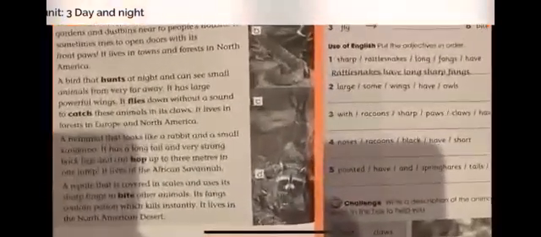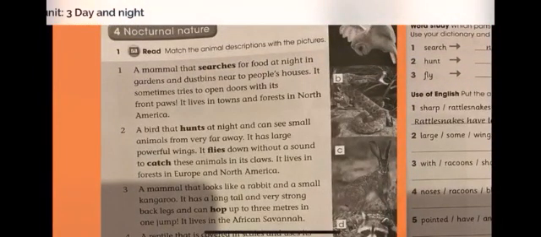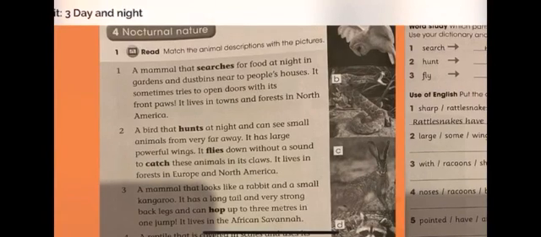Fine. So now I'm going to read these descriptions to you. You have to see which description is for which animal. The first one is a mammal that... okay, so it's written mammal. What are mammals? If you don't know, I'm going to tell you that animals are classified into different groups.